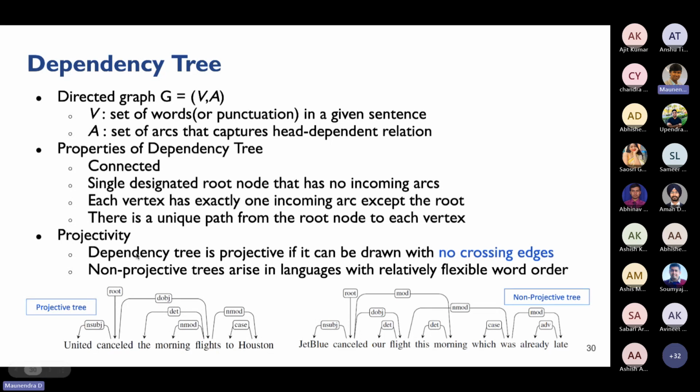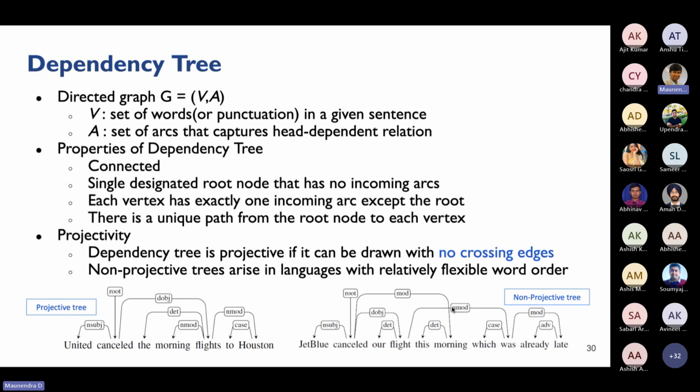And there's also a concept of projectivity, which says that a dependency tree is projective if it can be drawn with no crossing edges. So suppose this is one sentence, and we see there are no edge crossings, right? So there is a projective tree. On the other hand, there are some sentences where, irrespective of the way in which you draw the arrows, there is no way in which you can draw the edges so that there is no edge crossing.